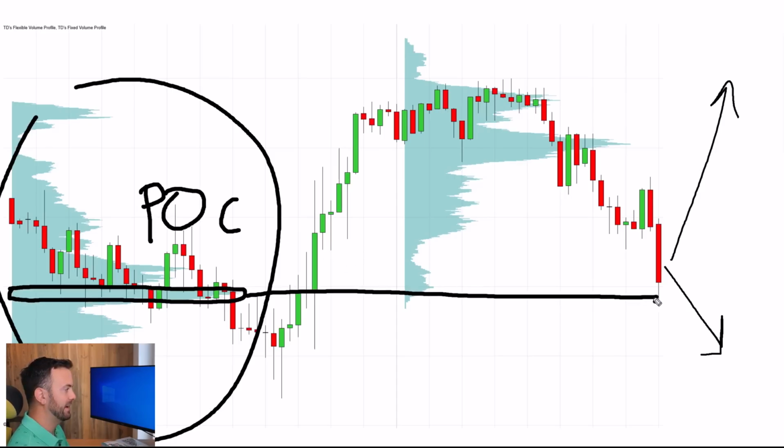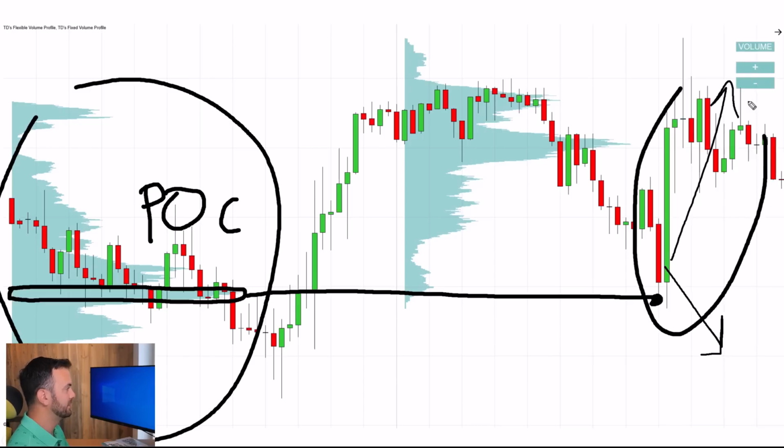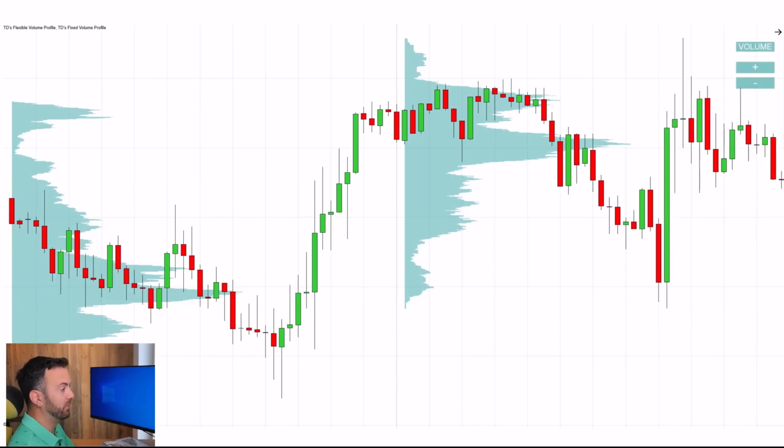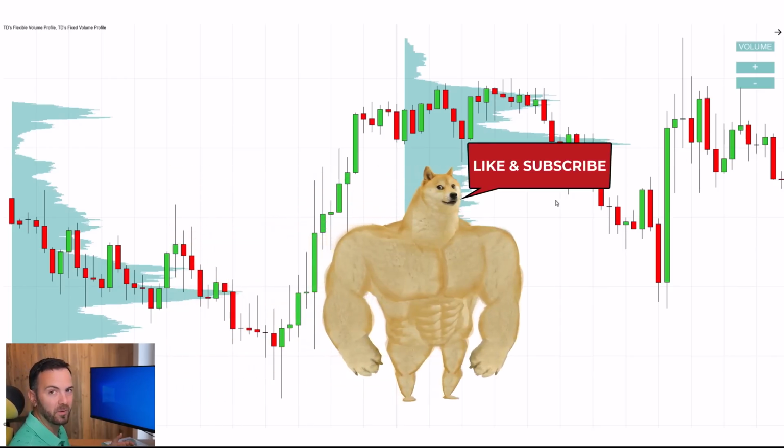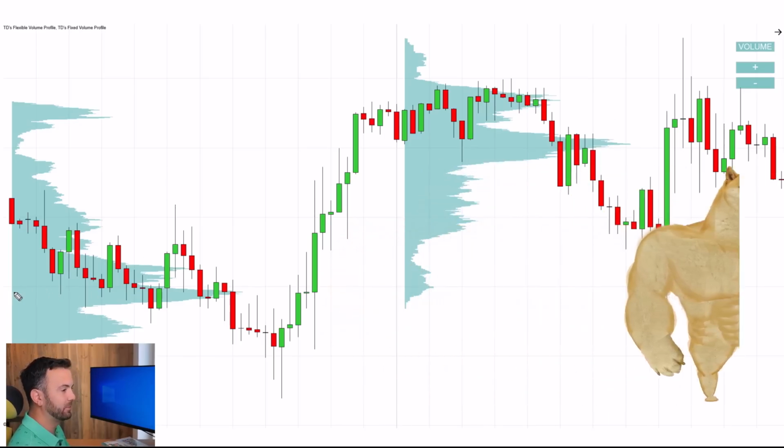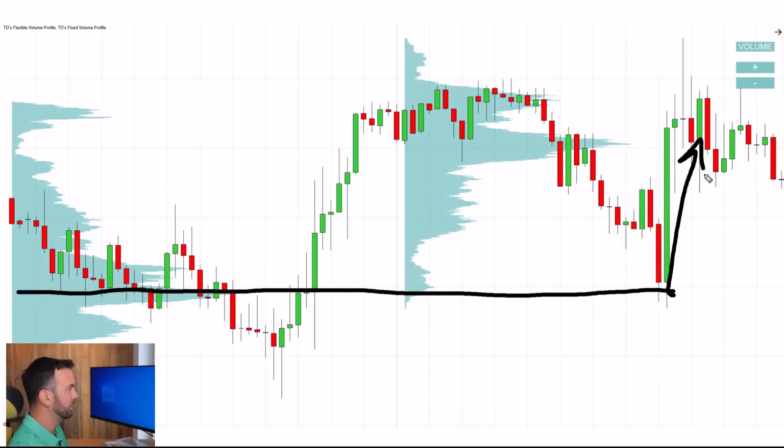The price hit that point of control and made a reaction to it. As you can see with a plain price action chart, it was rather hard to guess where the price is going to go. But with volume profile, it's actually a very easy level to spot, right? Because this is point of control.